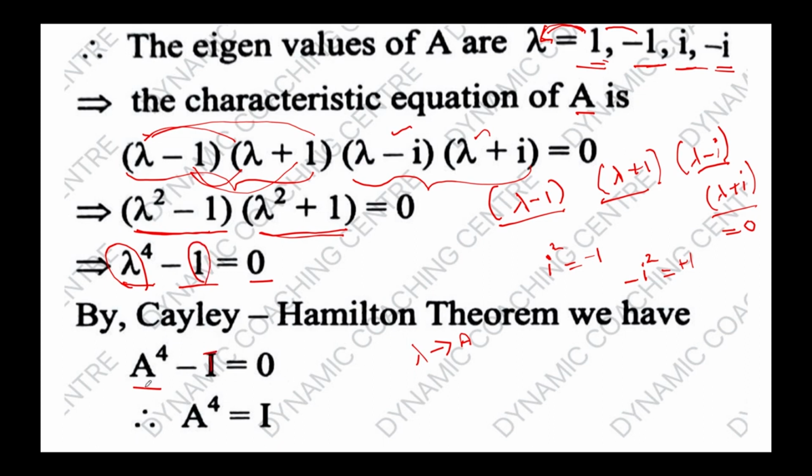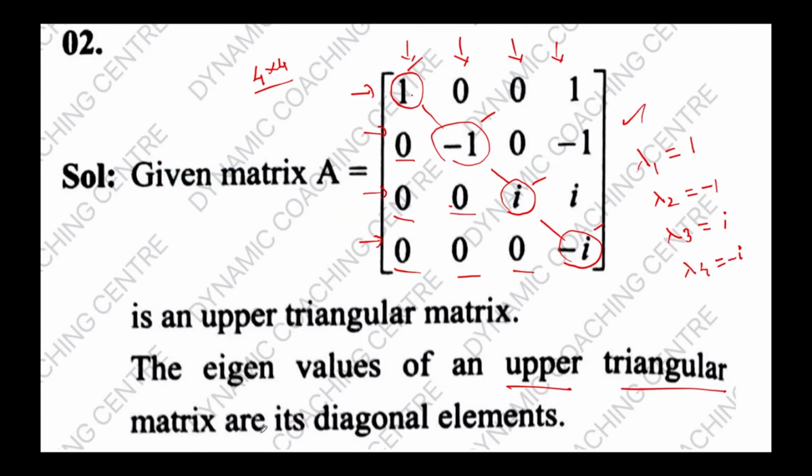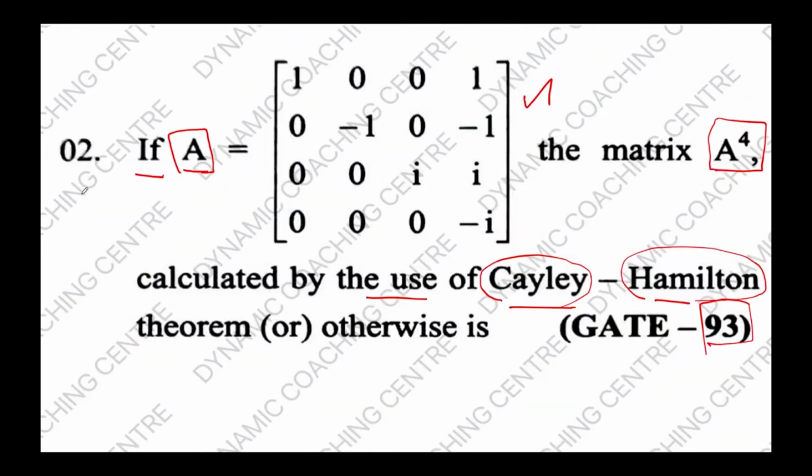You need to find out the value of A power 4, so I can bring this minus I to the other side of the equation, so A power 4 is equal to the identity matrix I, right? So the exact answer for A power 4 will be the identity matrix, so it would be 1 0 0 0, 0 1 0 0, 0 0 1 0, 0 0 0 1. So this is the exact answer for the value of A power 4 given in the question.